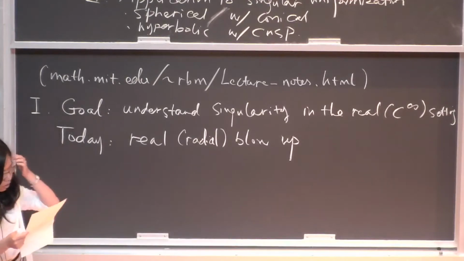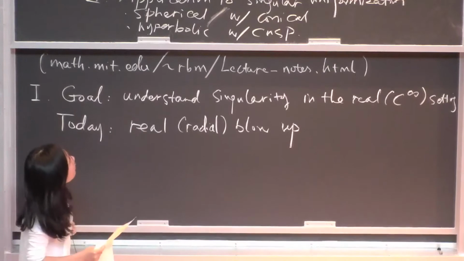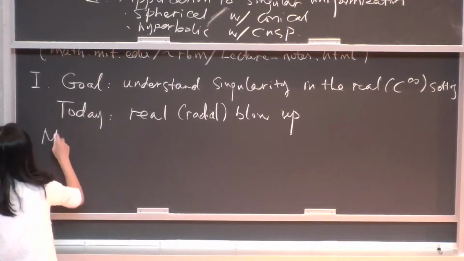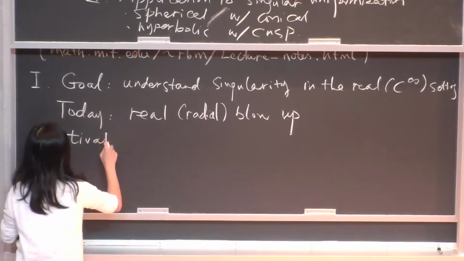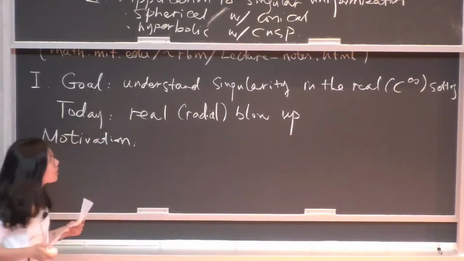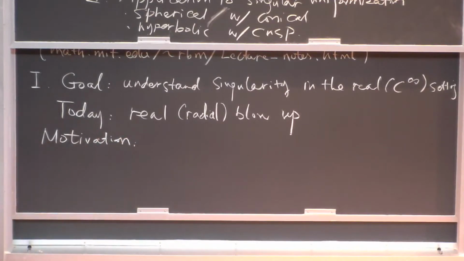All right, so let me talk about some motivation, why we're doing this. As I said, if we just have a smooth manifold or smooth geometry, and the operators are just uniform, non-degenerate, then there's no use for this technique.